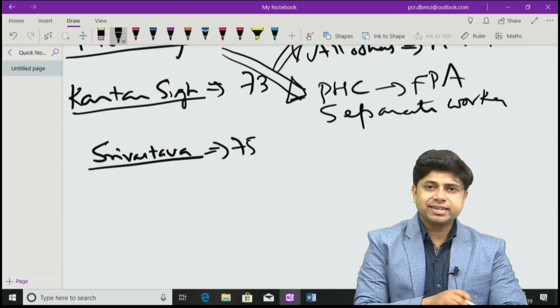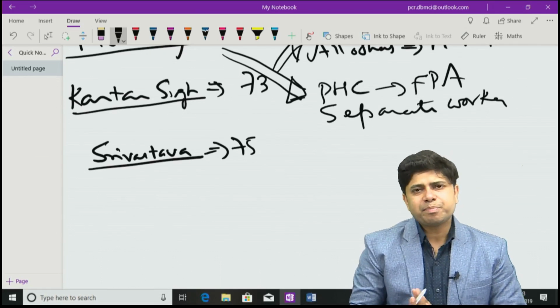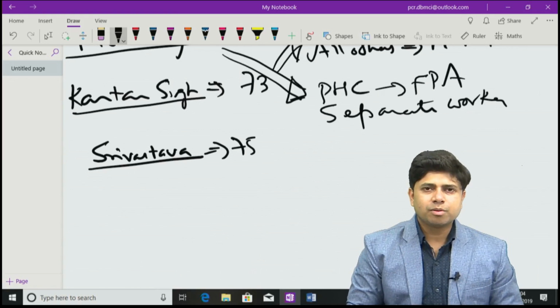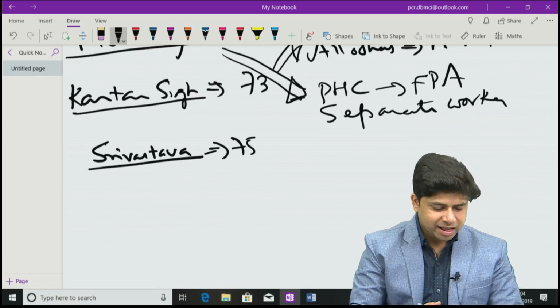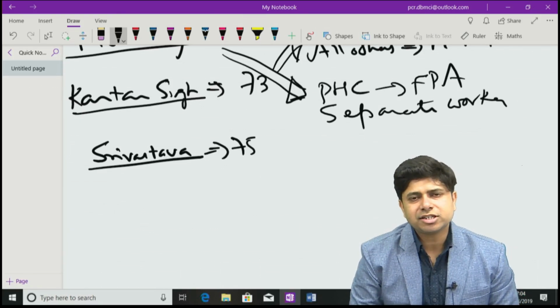Srivastava committee, what they did in 1975, they said that the paraprofessional health workers should be chosen from within the community, like the rural health scheme, community health workers scheme. These were recommended by the Srivastava committee.